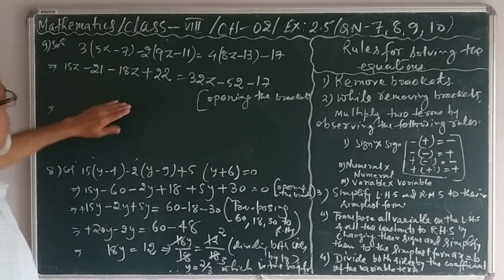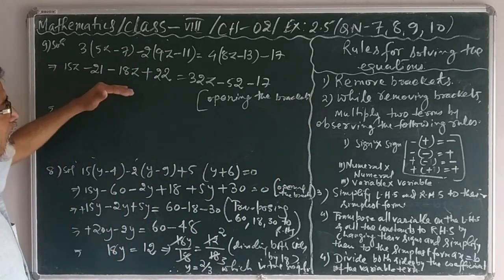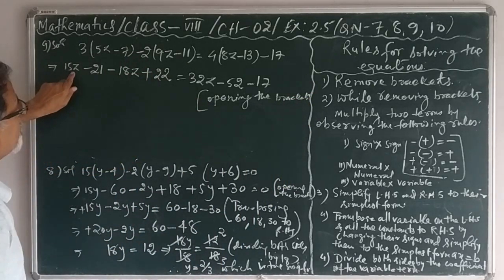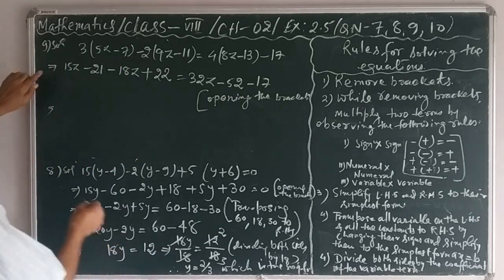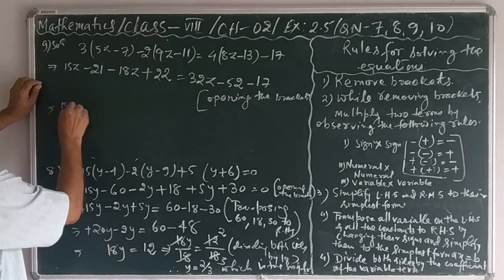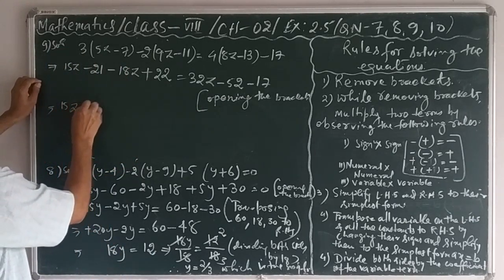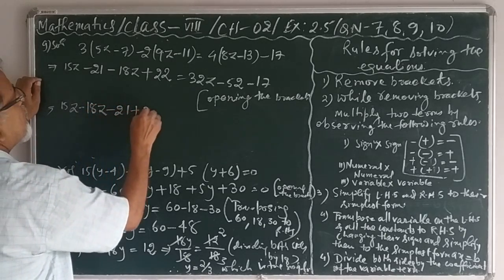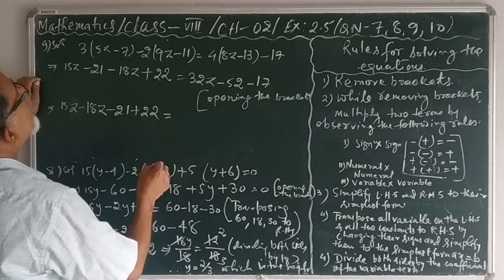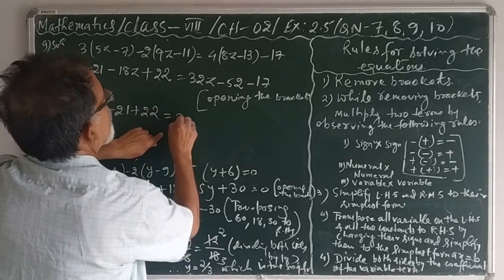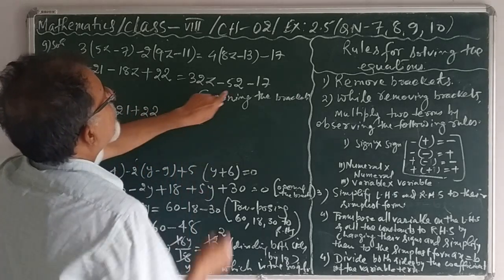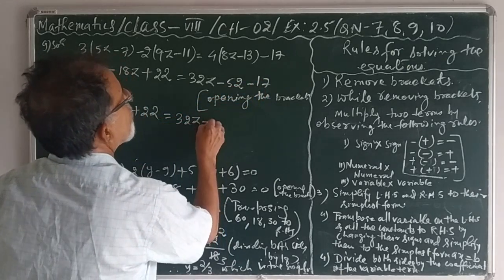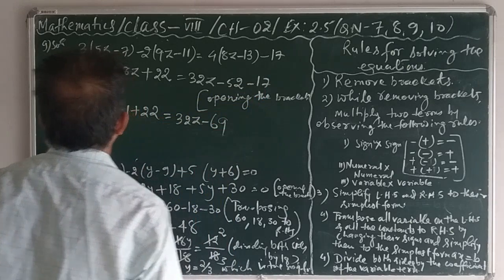Now let us simplify LHS and RHS to their simplest form. 15z minus 18z minus 21 plus 22 equal to 32z minus 52 and minus 17 equal to minus 69.